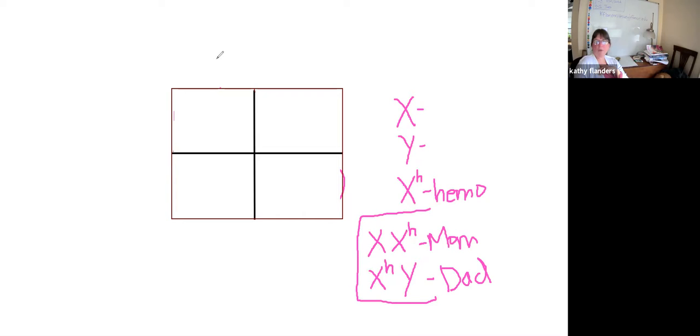So mom has an X, and then an X that carries the bad gene. And then dad has hemophilia, so his only X gene is bad, but his Y gene is fine.